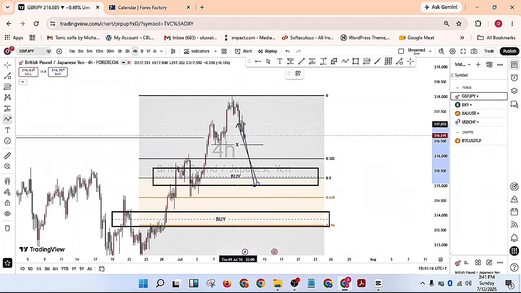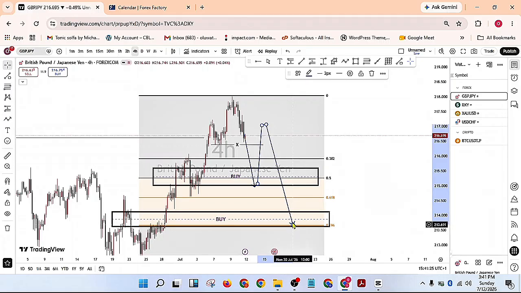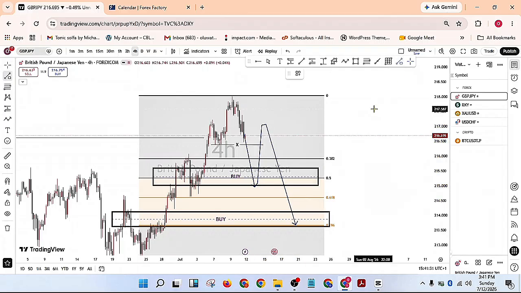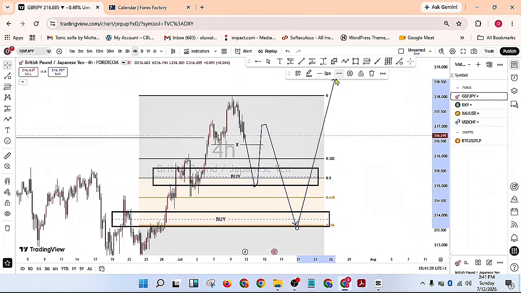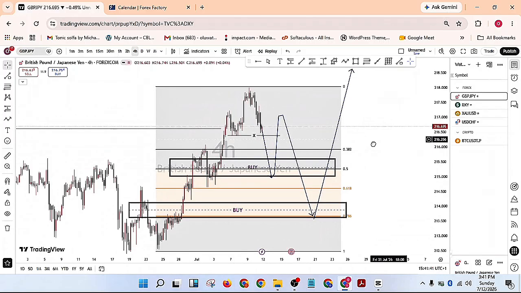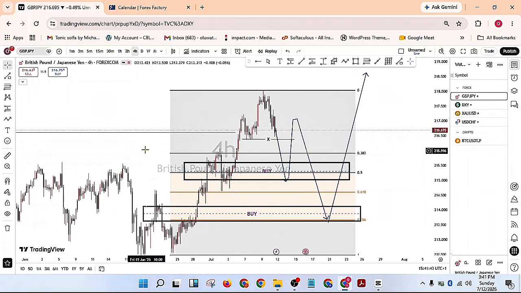If it's me, I will come out around here, because price can get to this place and sell up to this place, before we now have that movement that will break another structure. Are you getting it?